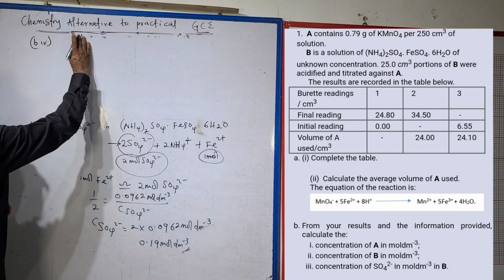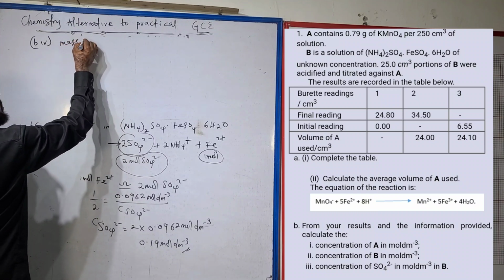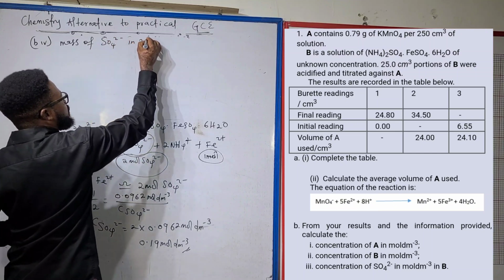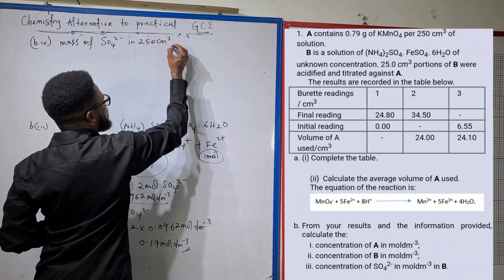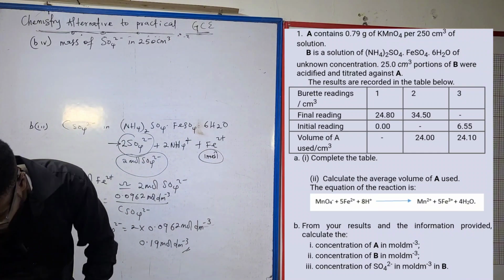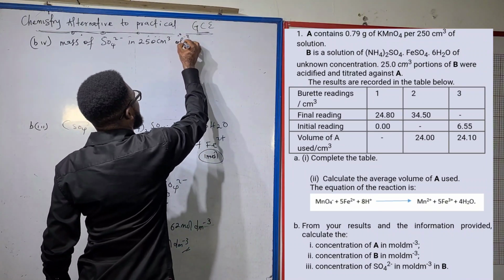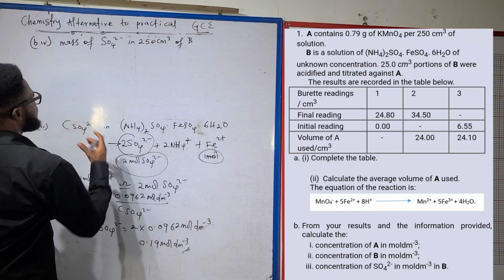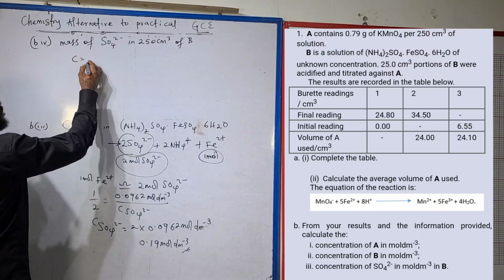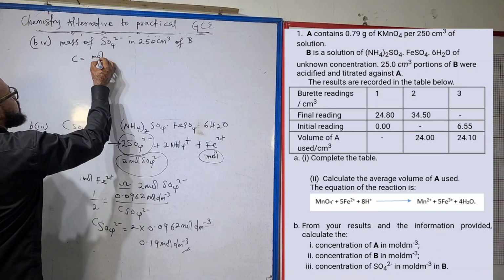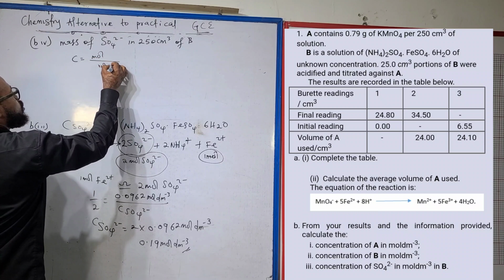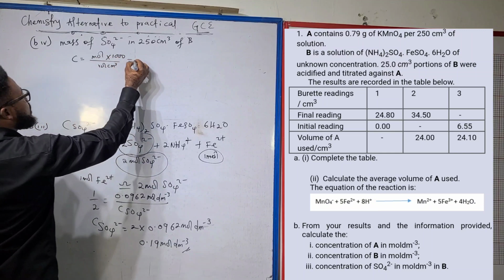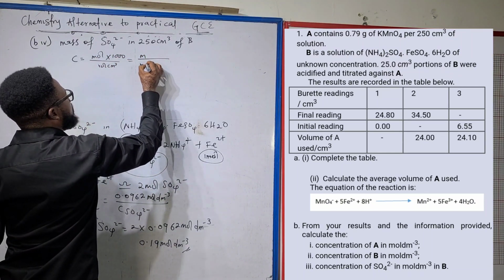Now, the mass of SO4 2 minus in 250 cm cube of B, as you can see displayed on your screen. We know that concentration is actually mole divided by volume. If your volume is in cm cube, then you're going to have 1,000 here, and your mole represents mass over molar mass.